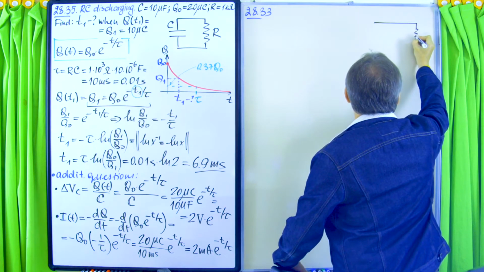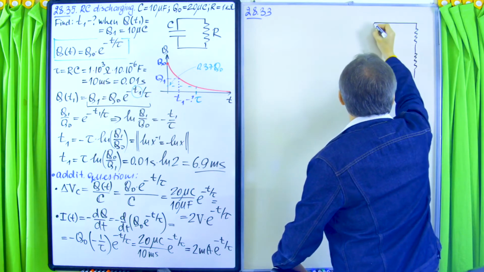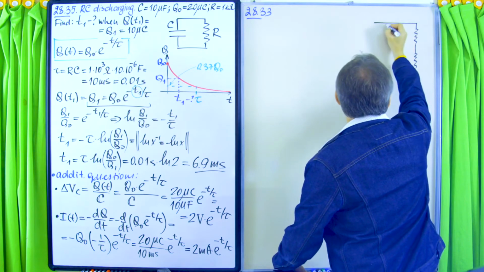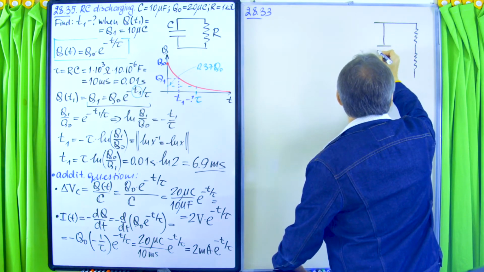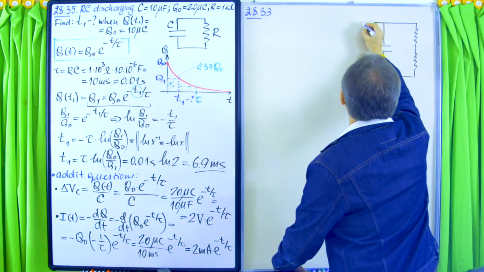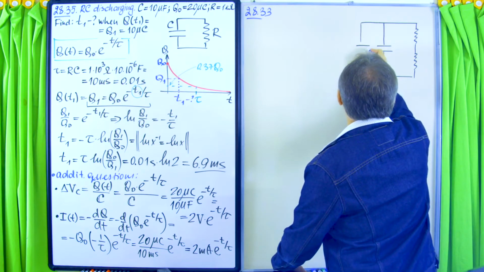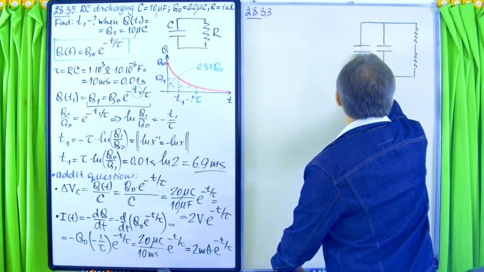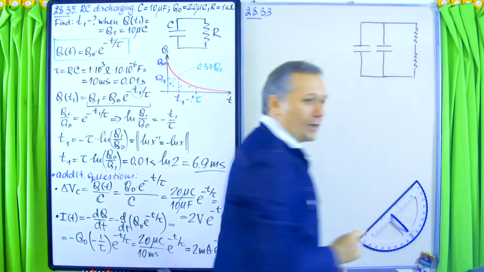So first we have two resistors, and then we have one capacitor, and here there is a second. Okay, I did my best.